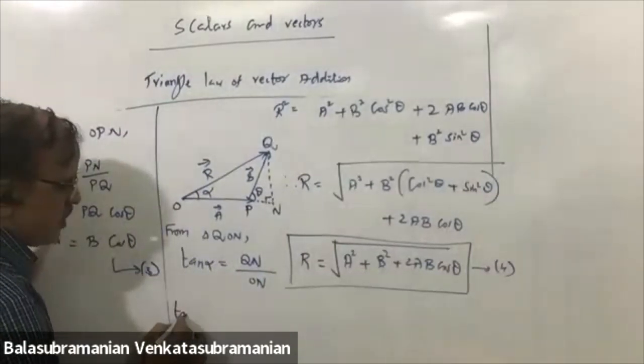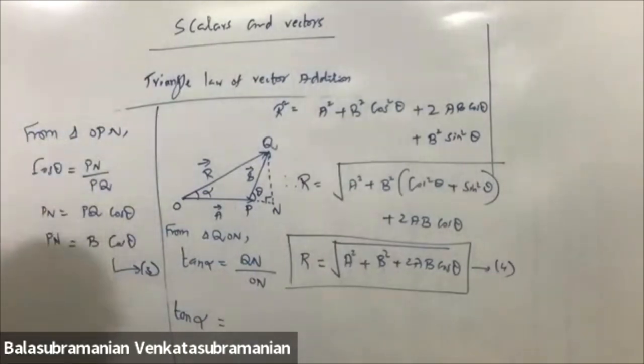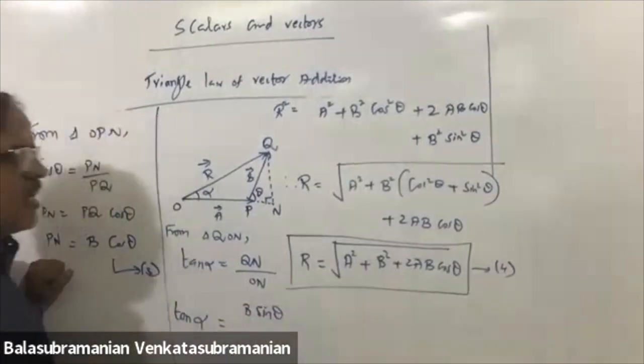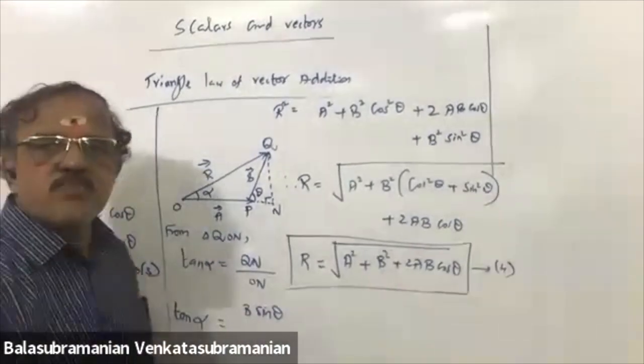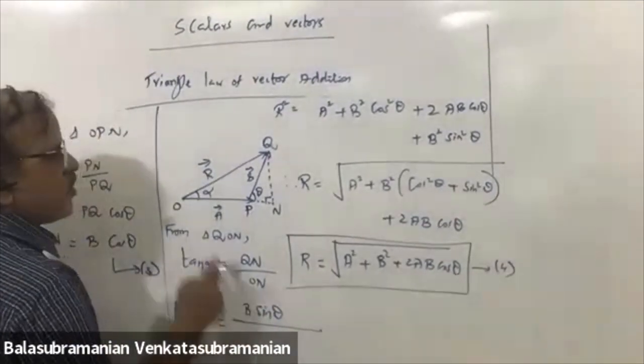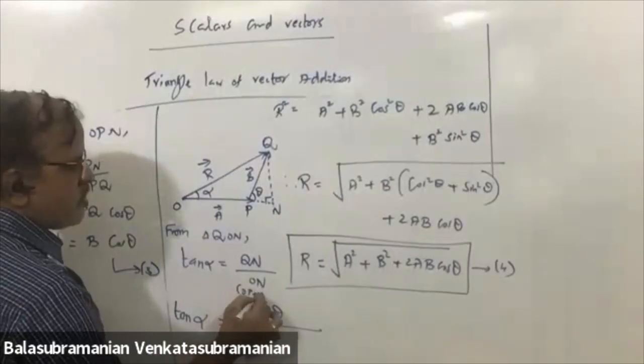What is QN? B sin theta, which we have calculated already as equation 2, divided by ON. ON is OP plus PN.